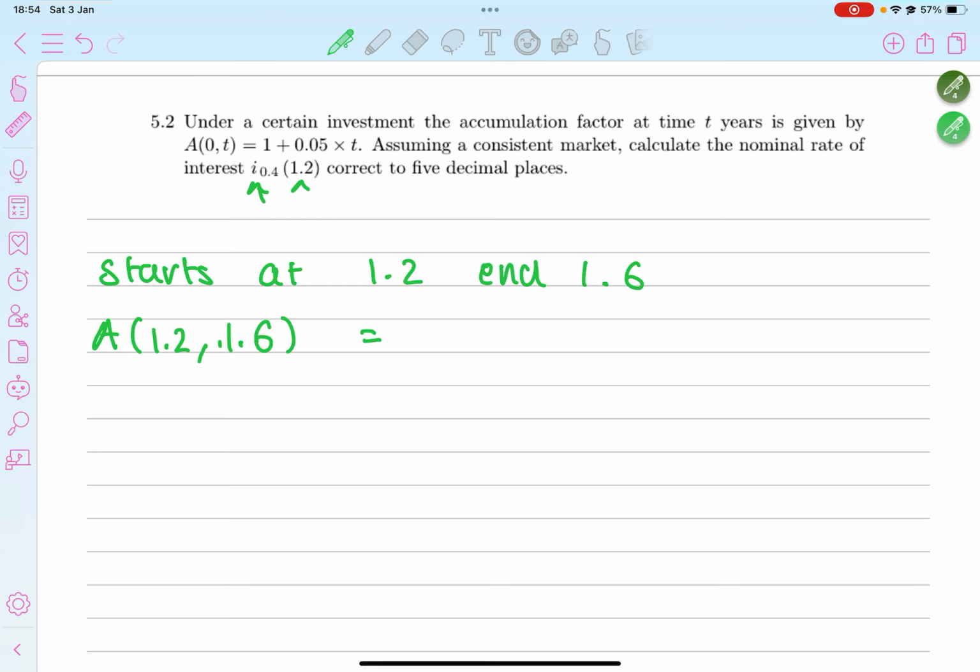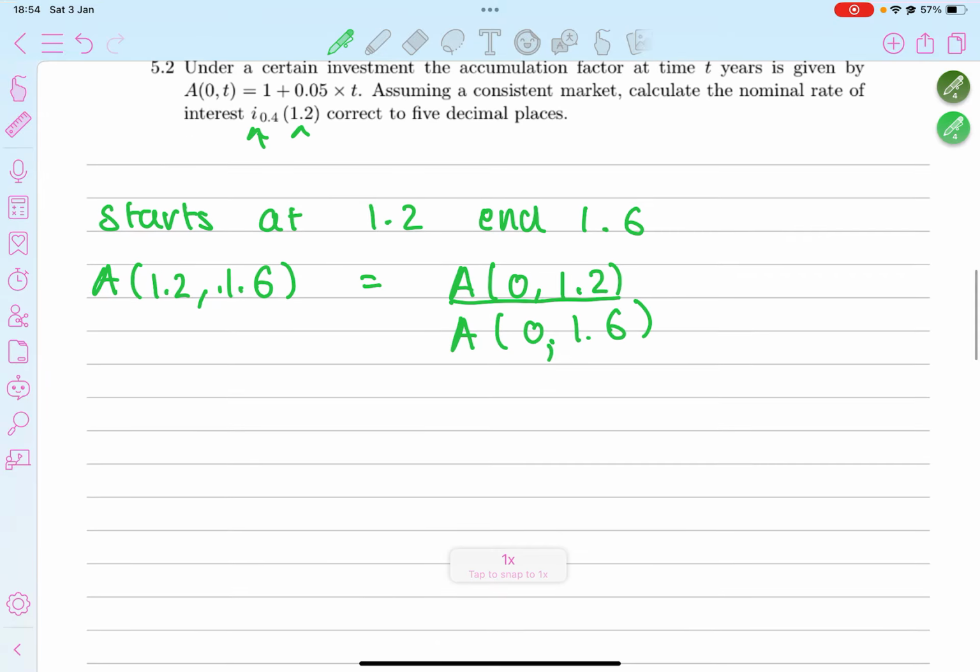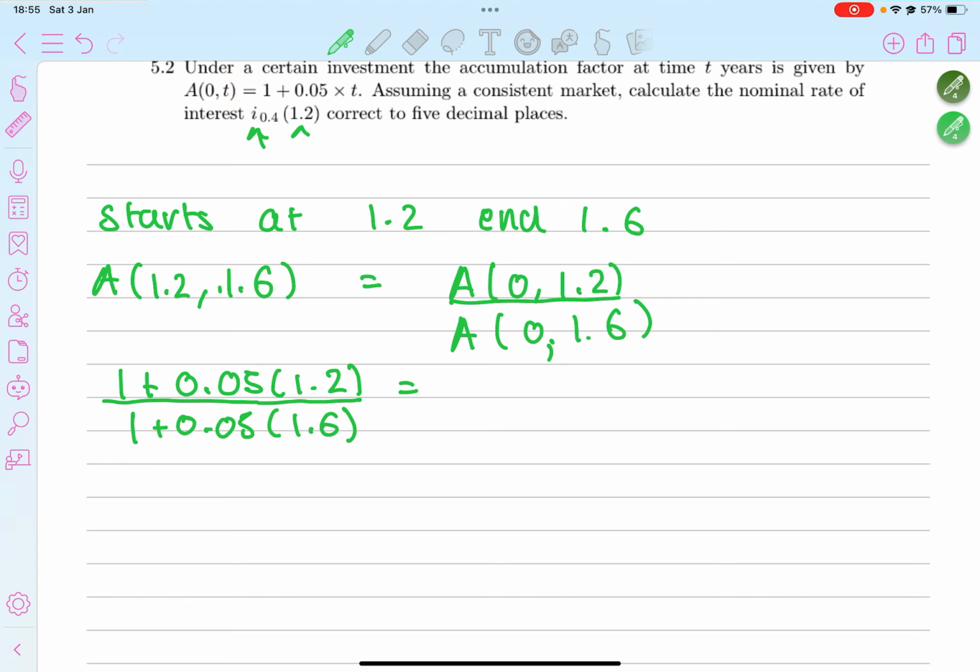Now this is equal to a(0,1.2) over a(0,1.6). That's just an easy way to remember it. So we can do 1 plus 0.05 over 1.2, and 1 plus 0.05 over 1.6. So just quickly working that out.